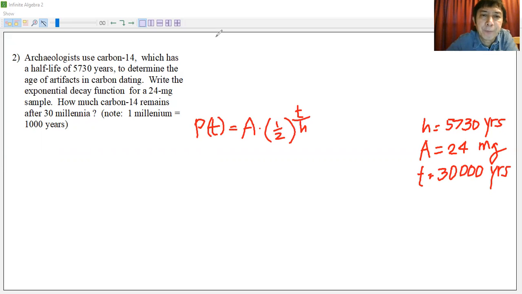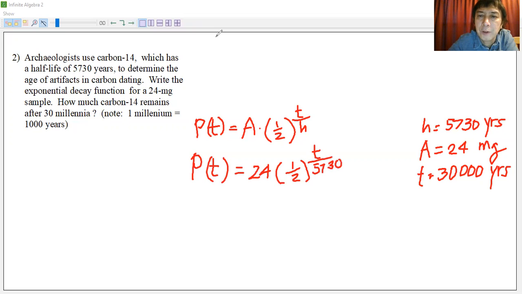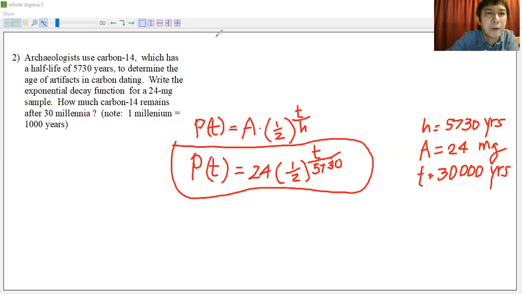And so we have the amount remaining is equal to 24 times 1/2 raised to time over half-life of 5,730. This must be the required exponential decay function.